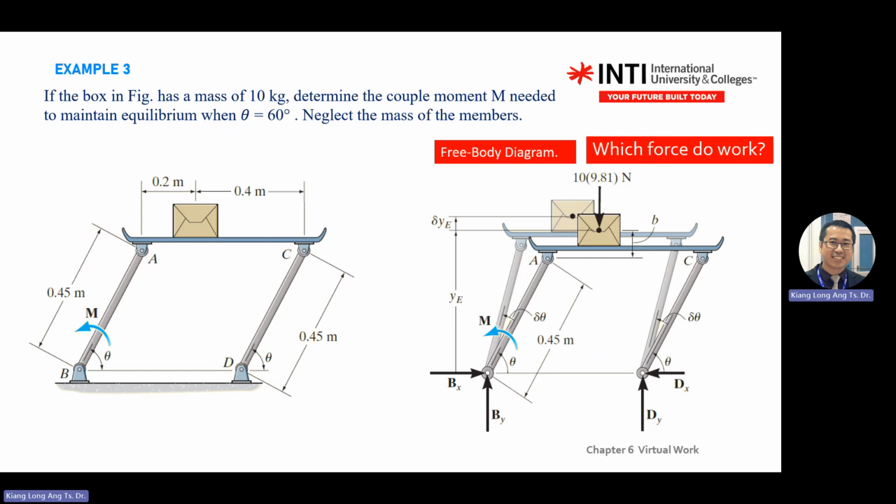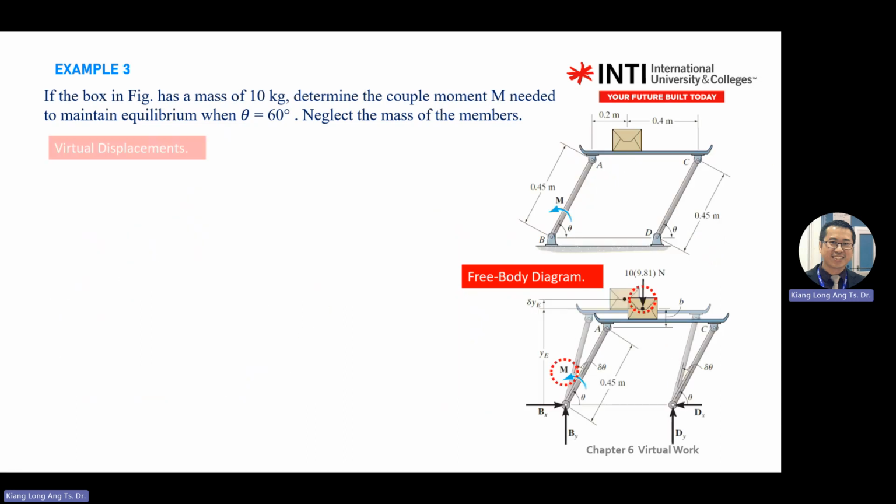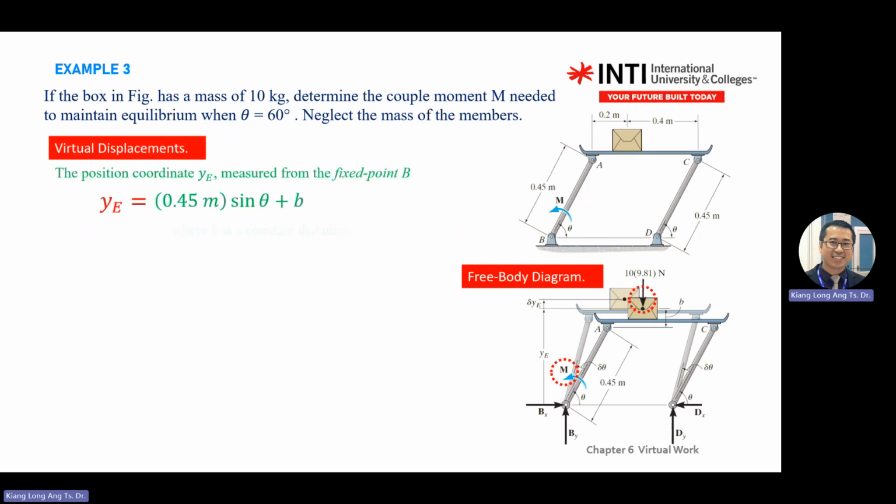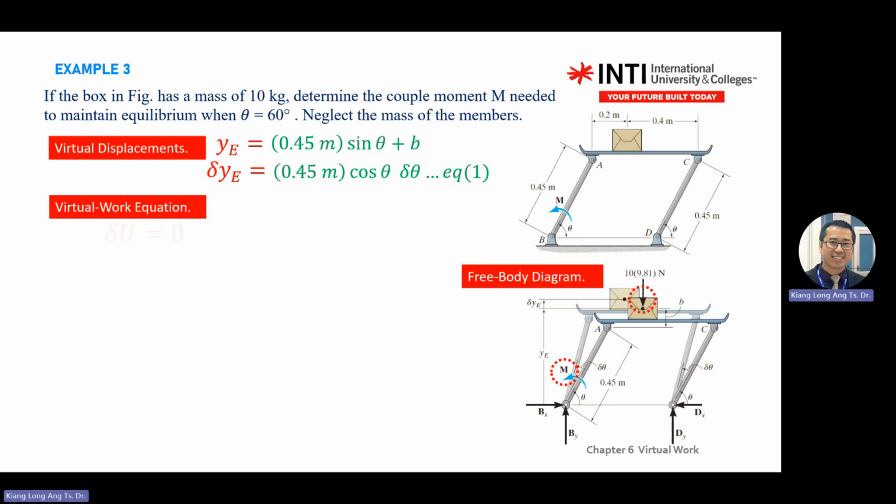But he asks you to find the M, so include your M in the equation. You see how the equation goes. For virtual work, you calculate what YE is and so on. Then you look at the equation. Virtual work, you write the partial differential, delta U equals 0. This one costs you 1 mark.